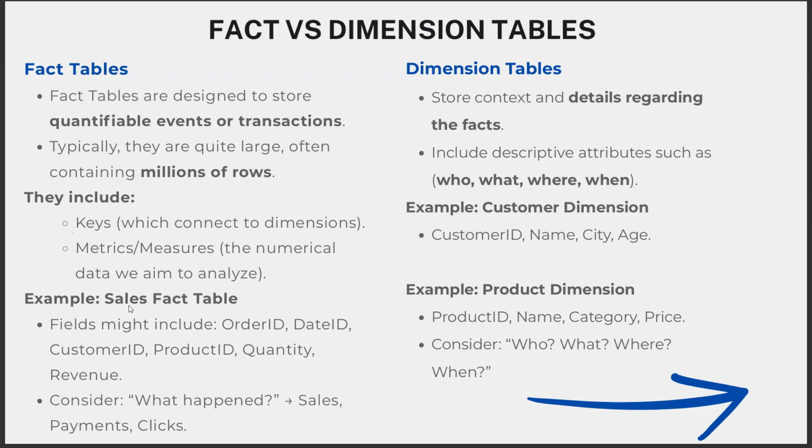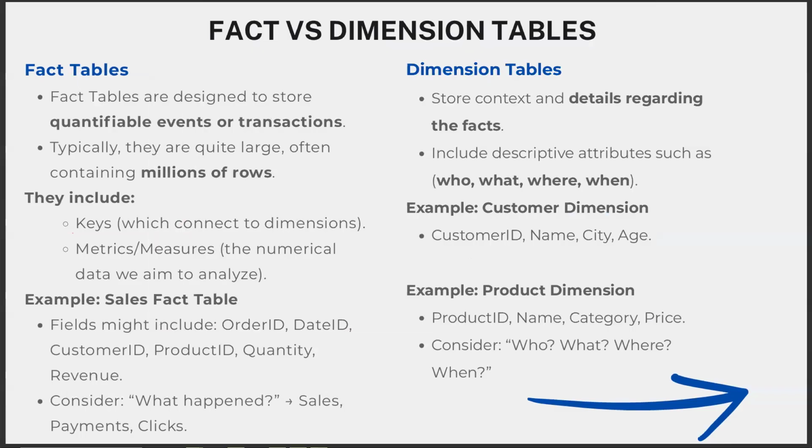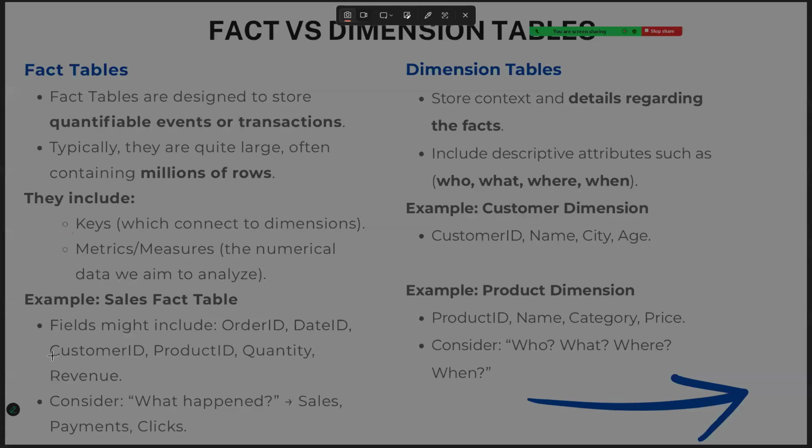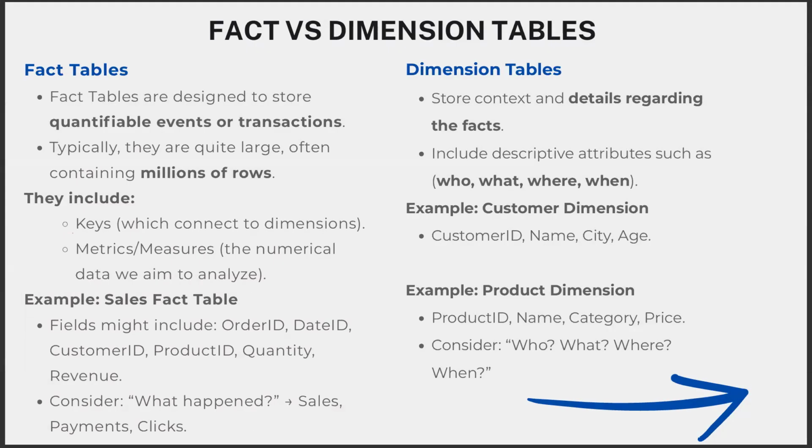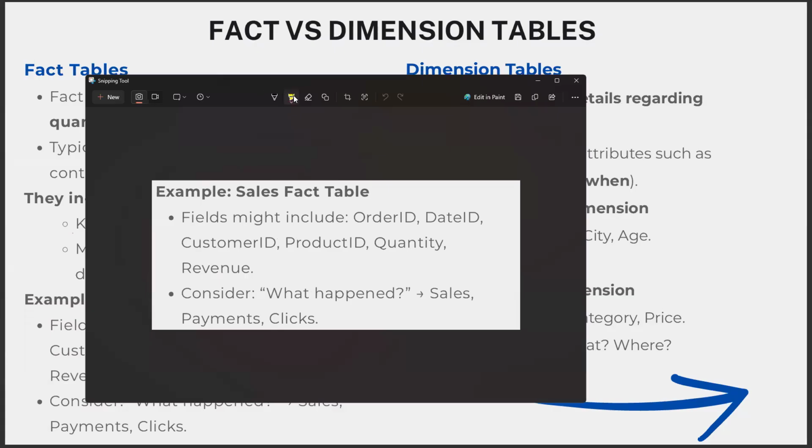For instance, a sales fact table can have all of these fields like order ID, date ID, customer ID, product ID, quantity, and revenue. The revenue, it's something that you need to calculate, right?